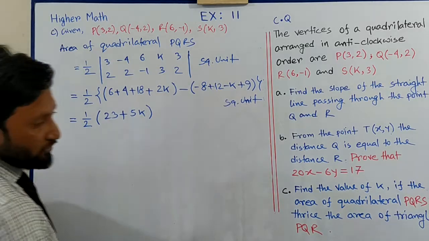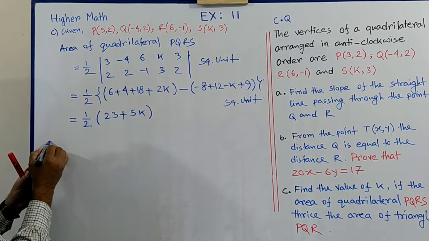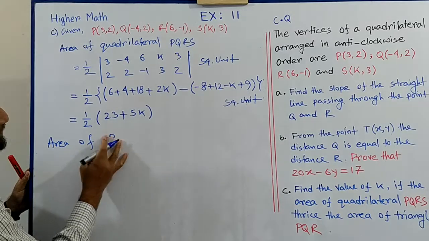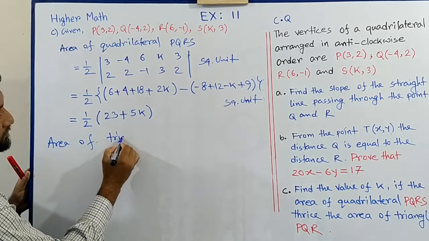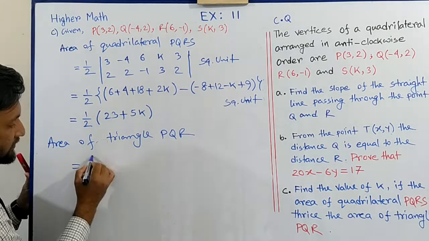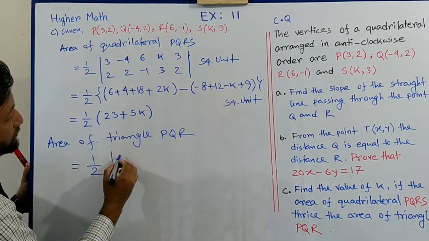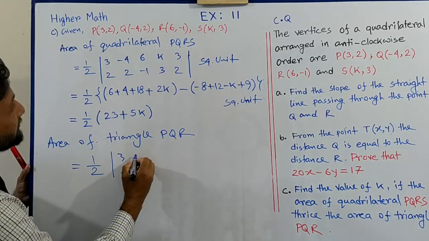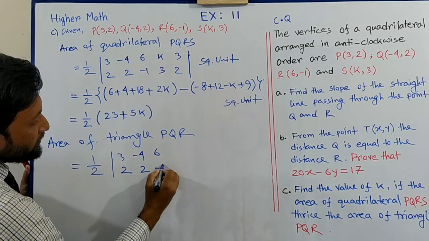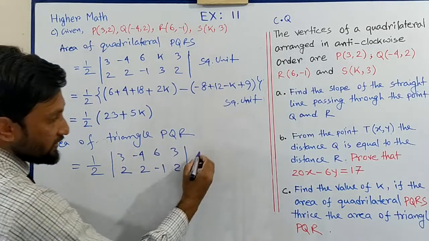Now again we have to find the area of triangle PQR. The area is half, vertical line. Input the values 3, 2 vertically, and then the Q coordinate point is minus 4, 2, and then the R coordinate point is 6, minus 1, and then again repeat the first coordinate point 3, 2 and close with another vertical line.